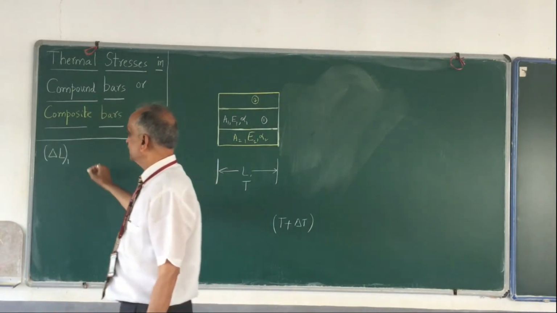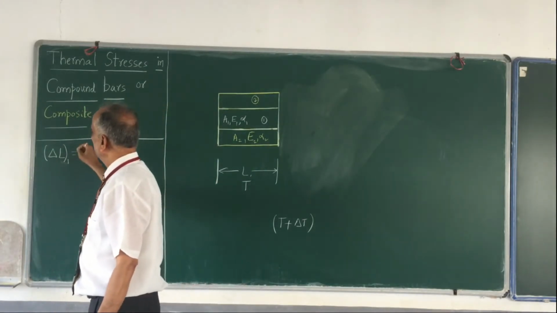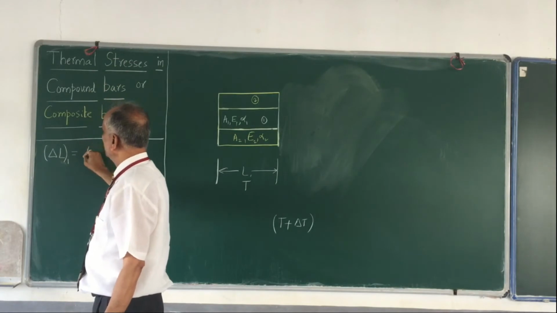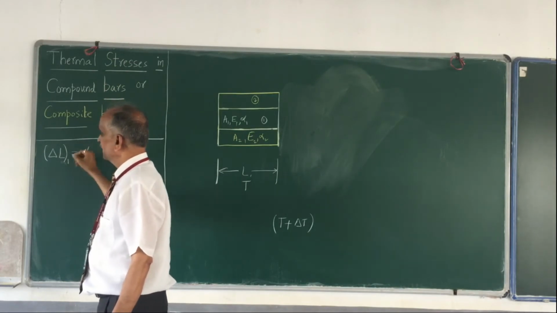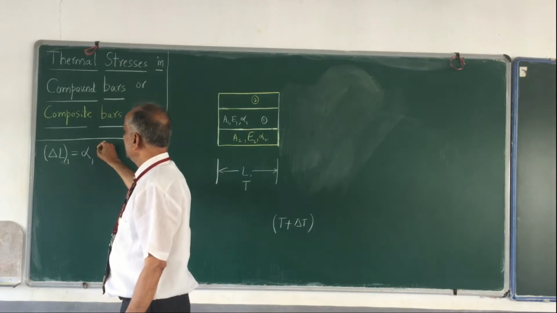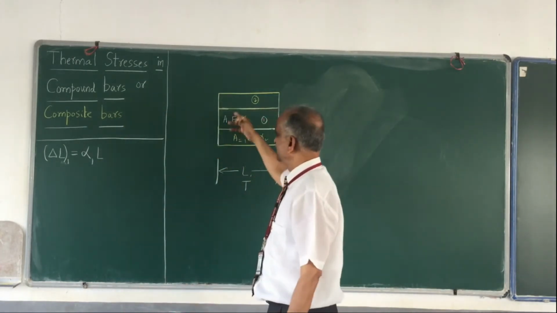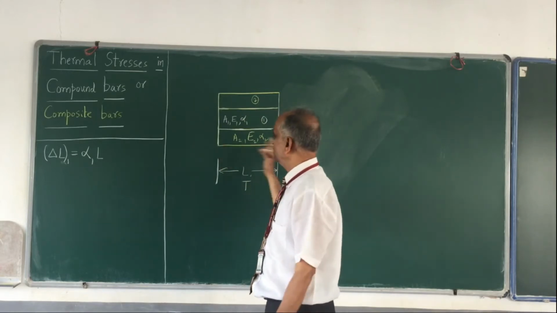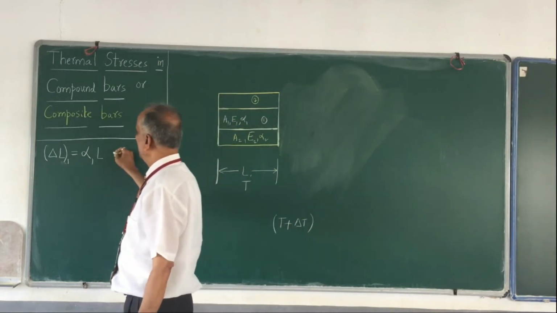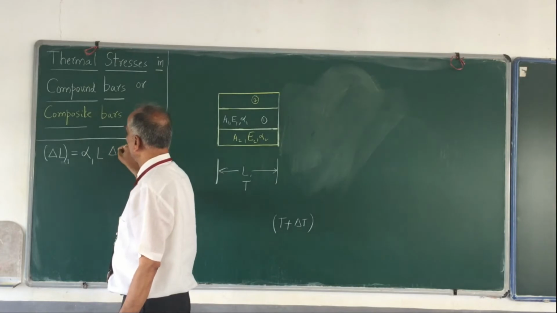I would like to calculate this. How do you calculate? Quite simple. The same basic concept we have understood: alpha 1 into L1. L1 is the same as L, they do not have different lengths, the same length, alpha 1 into L into delta T.